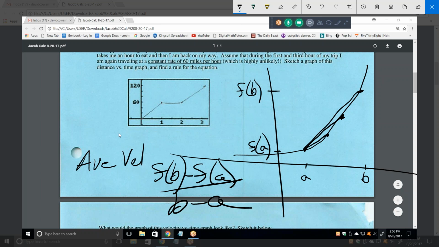And then we're going to figure out the slope of that line. And what we end up with is the line that is tangent to that curve. That's the instantaneous velocity. Okay?